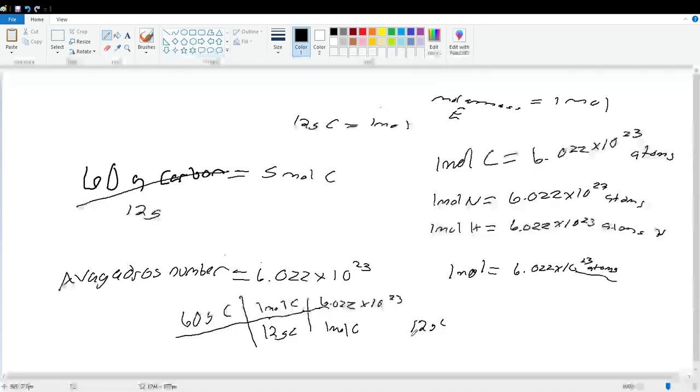How would we calculate that? When you have 12 grams of carbon and you want to find the moles, you have to divide the grams by the molar mass, which is 12 grams, which gives you 1 mole. So, 12 divided by 12 is 1, right?